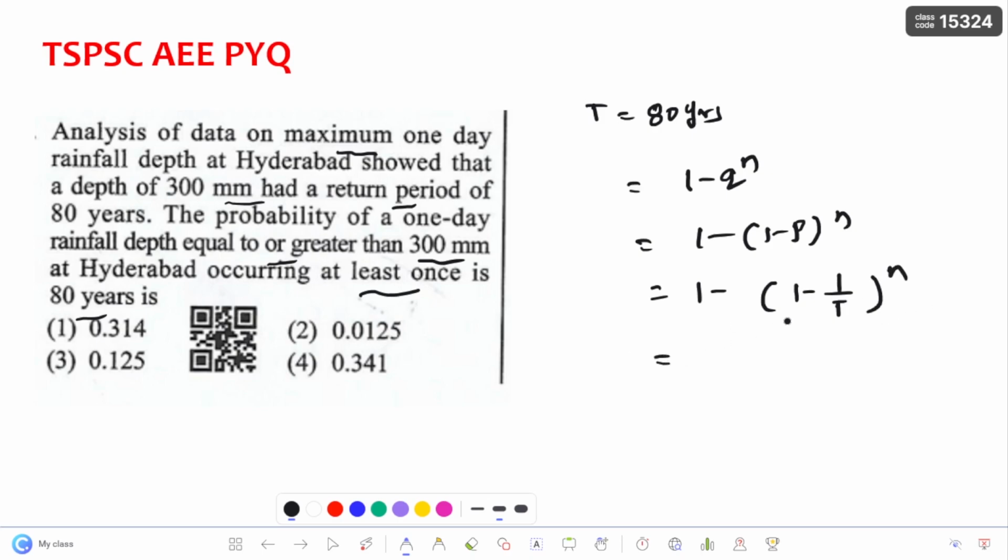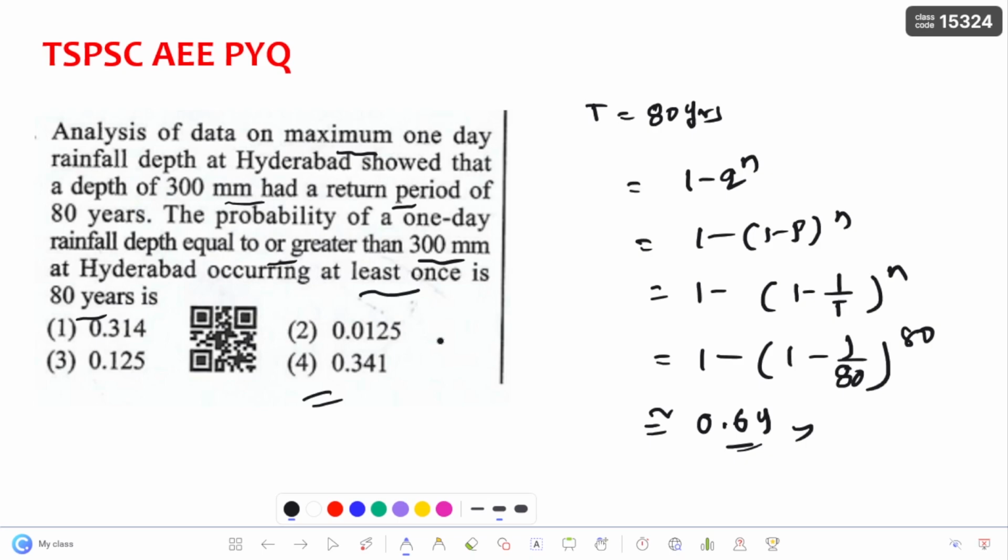Here n is the number of years and T is the return period, so we get 1 minus 1 by 80 whole power 80. It is very difficult to solve by hand, so approximately you can get this value as 0.64, which is not given in the question. Okay, let's leave it.